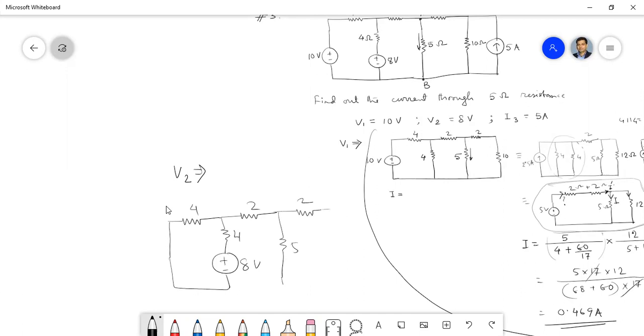This is 2. This is 10. This is 5. Okay, so this you have to keep off. So we'll get the open circuit here. The last source you don't have to draw.